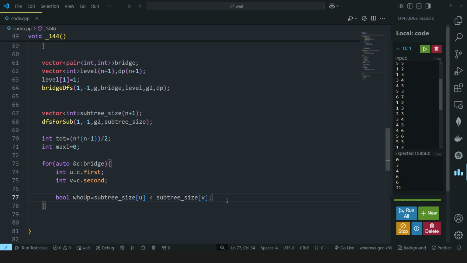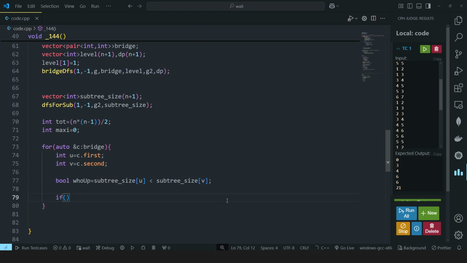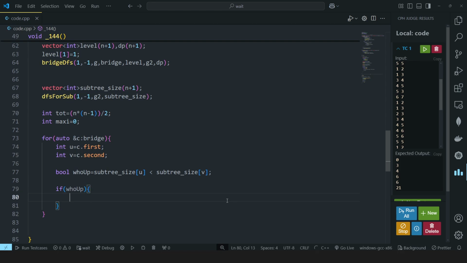So if this is true, that is, if u is coming downward, then the total number of elements present in u would be equal to the subtree size of u only.